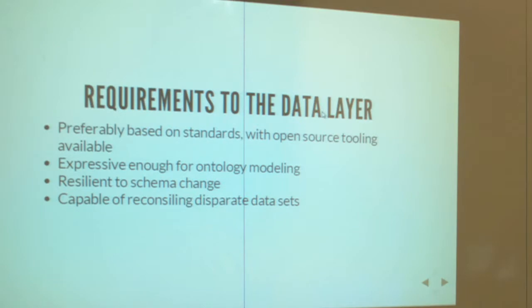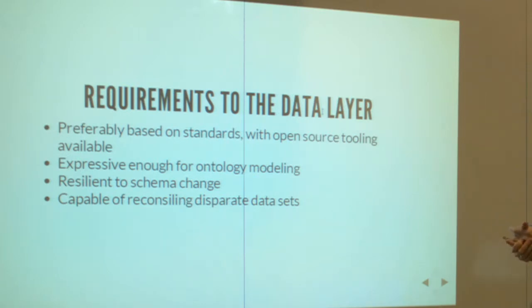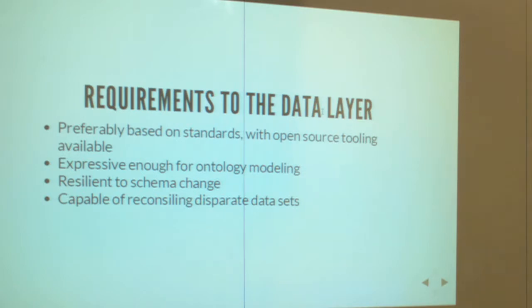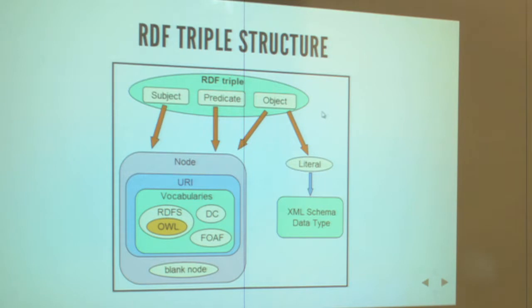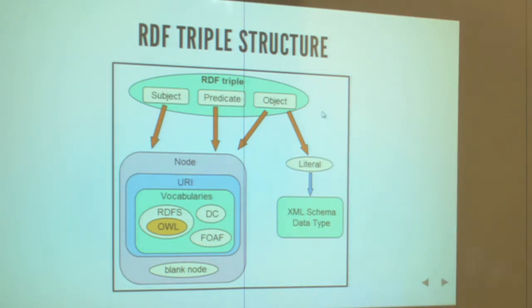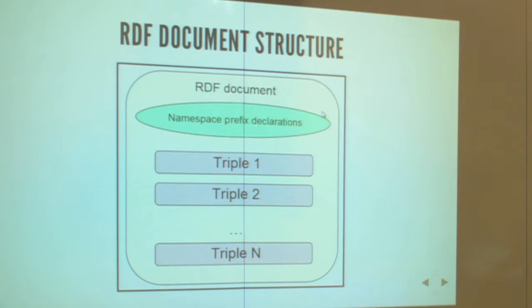Among these things, what RDF satisfies, of course, is that it's standard, and there is open source tooling. It's expressive, and it is quite resilient in the sense that, since the data model is so simple, a schema change may result in just the invalidation of some amount of your triples, but you don't have to redo your whole database or do extensive database maintenance.